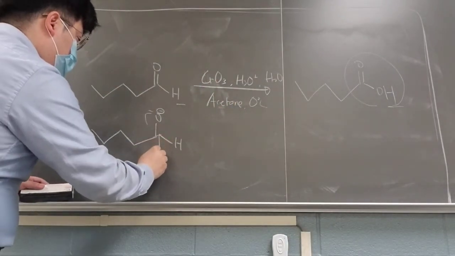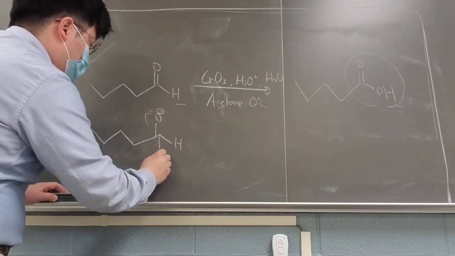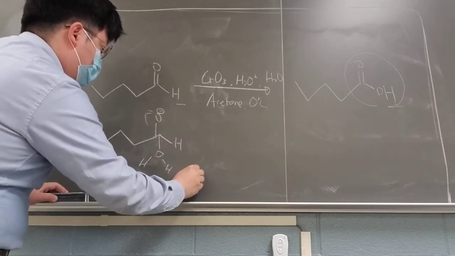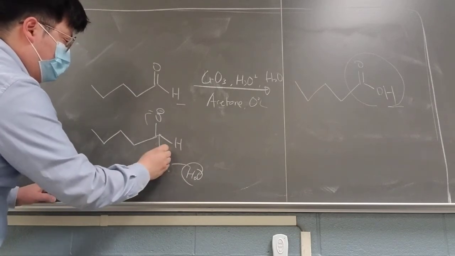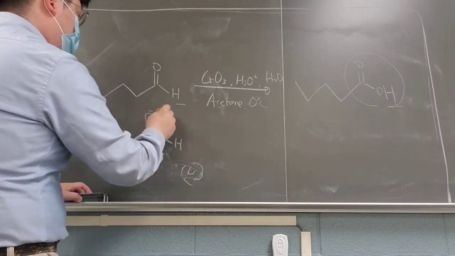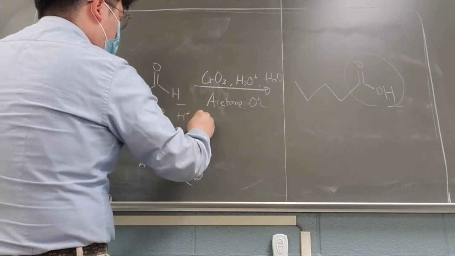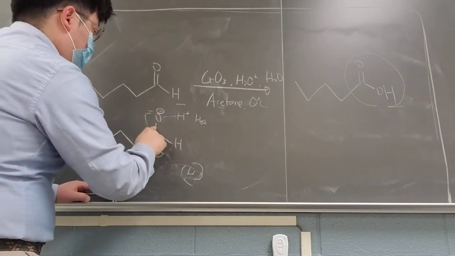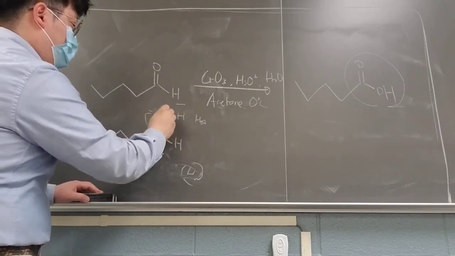And then you have water, and this will be grabbed by another water. So this will be gone, plus charge, and hydrogen will be gone, okay, over there. And then the negative charged oxygen will grab one of the protons over here. So they become a hydroxyl group as well. So the negative charge will be gone like this.